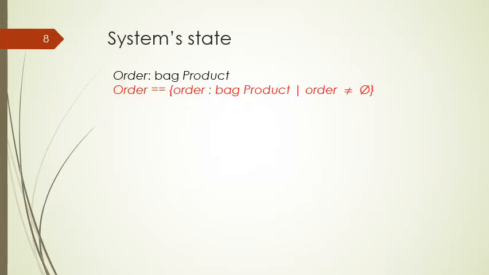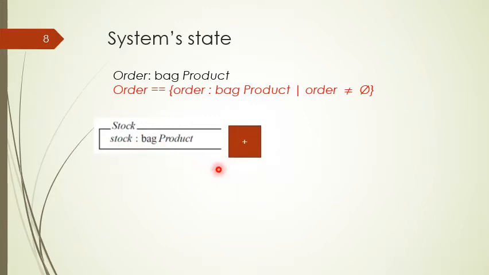Students, we have introduced three system state variables. The first system state variable was introduced in schema stock, and the stock system state variable is a bag variable.